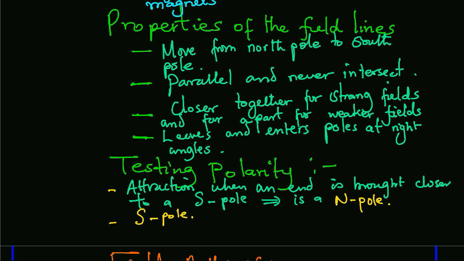Therefore, it is only possible to conclude that the polarity of a material is either a North Pole or a South Pole when repulsion occurs. Or in other words, repulsion is the sure test for polarity.